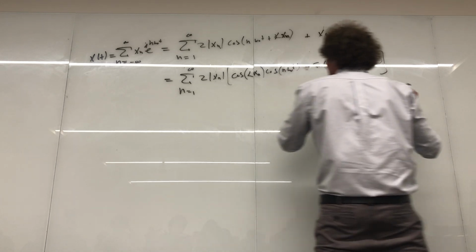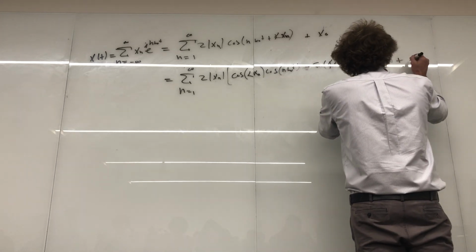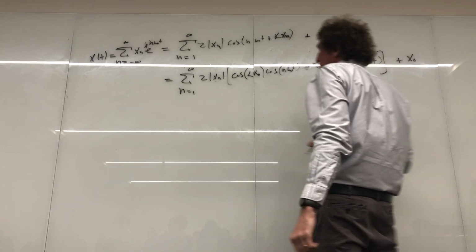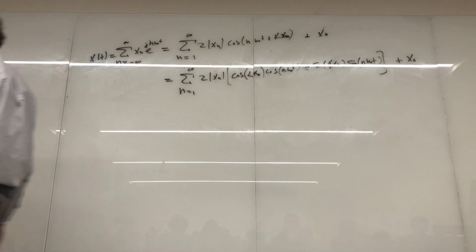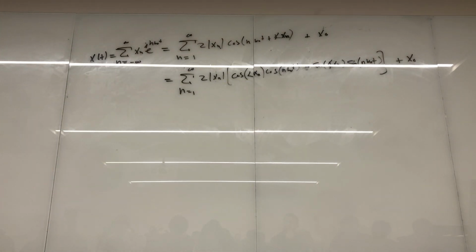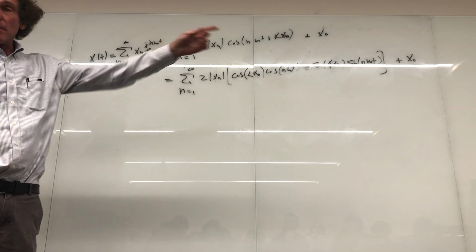I'll replace that, and I'm going to take plus x of 0 out there. You all see I just replaced the cosine of n omega naught t plus the phase angle with the actual trig identity. A was n omega naught t, and the phase angle was really B, right?